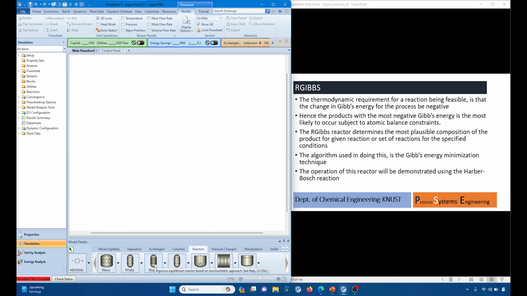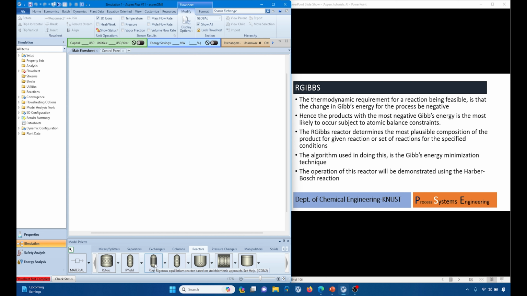So the RGibbs reactor works based on, as the name implies, Gibbs energy for a process, for a reaction. And the condition for a reaction to be feasible is based on a negative change in Gibbs energy.